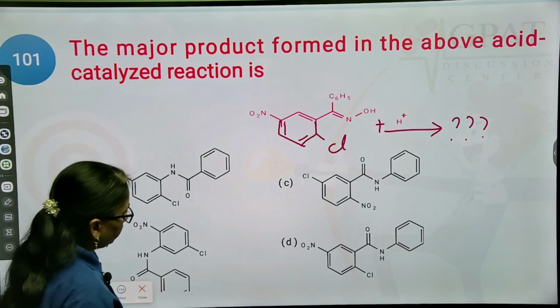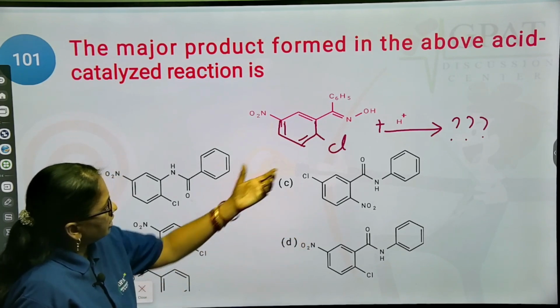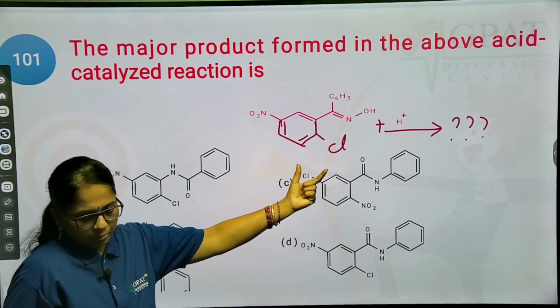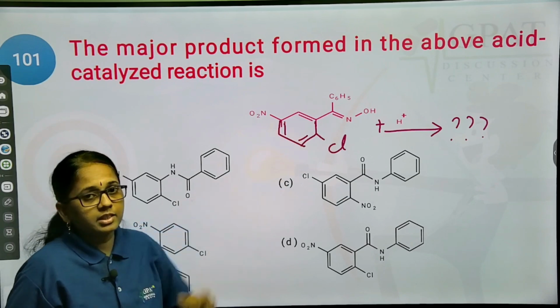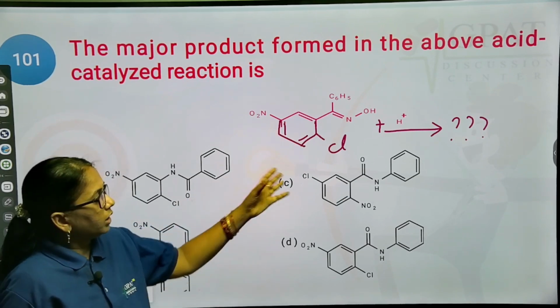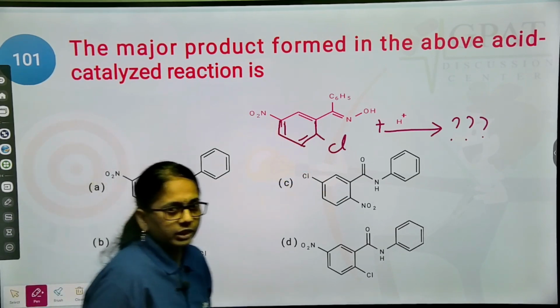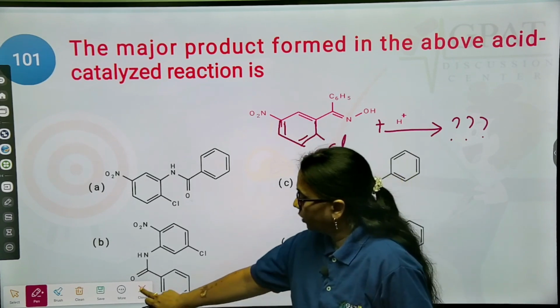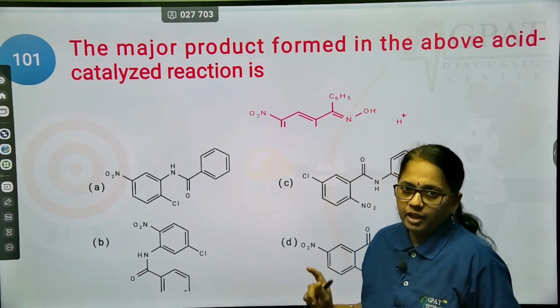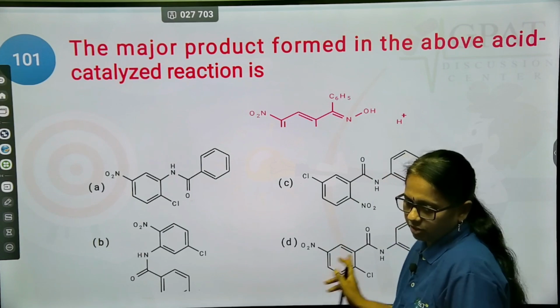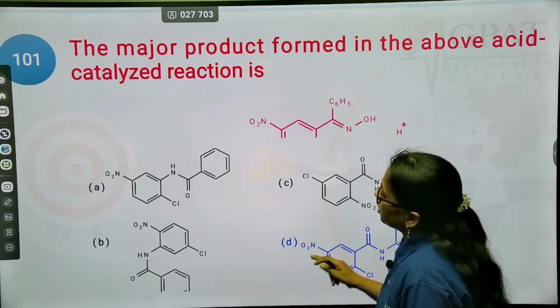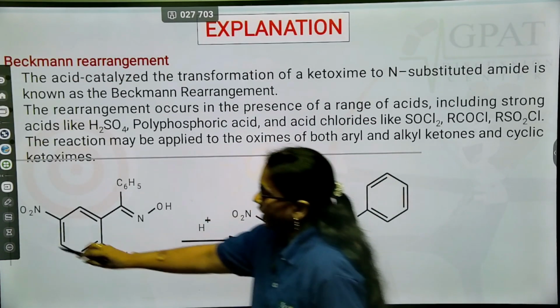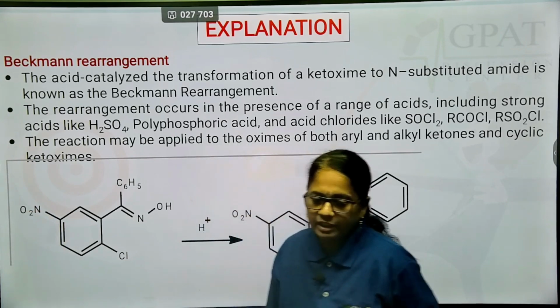In this you are going to see most of the reactions, it is going to be a ketoxime chemical structure. So when acids are present, how are the ketoximes going to be converted? This is a simple question. If you identify the main mechanism involved in this chemical reaction, you can answer this question very easily. This is actually called the Beckmann rearrangement.